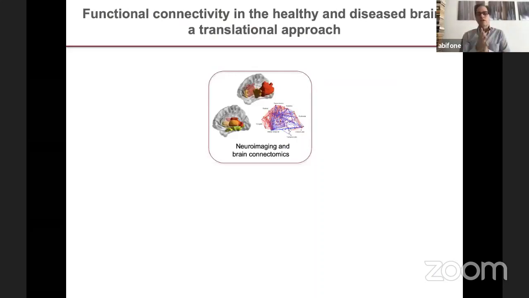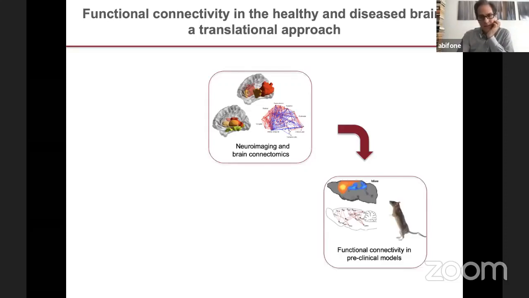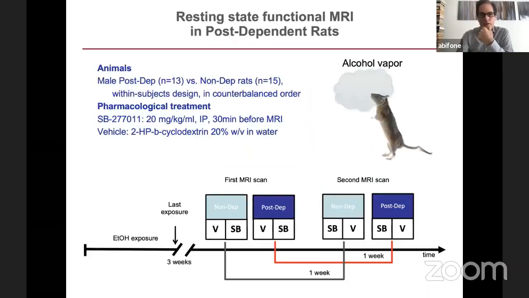Okay, good enough. That's all we could do in humans. This is still observational. We cannot really demonstrate that it has a causal role and that can be somehow used to try and cure the disease. Let me quickly show you what we did in animals to persuade ourselves that a similar effect can be observed in laboratory animals.